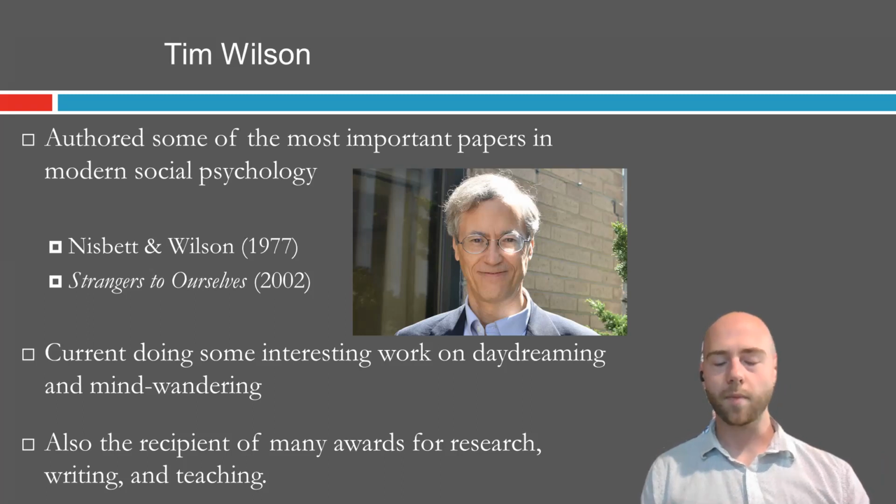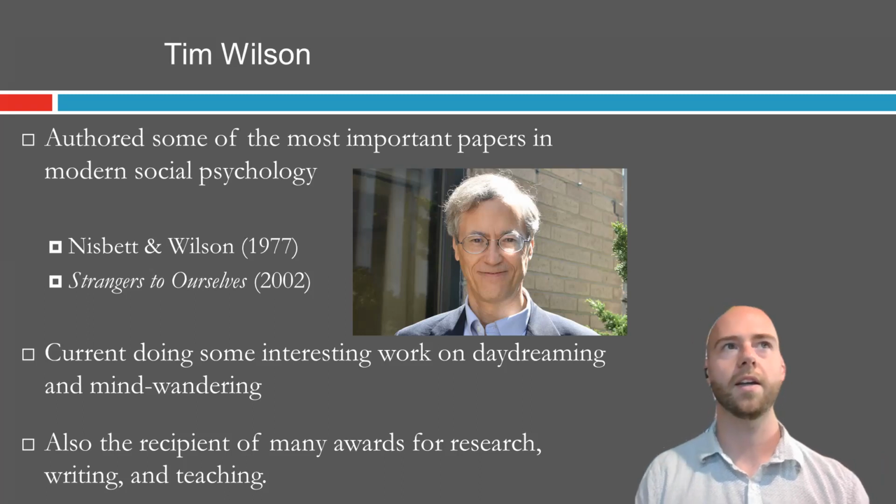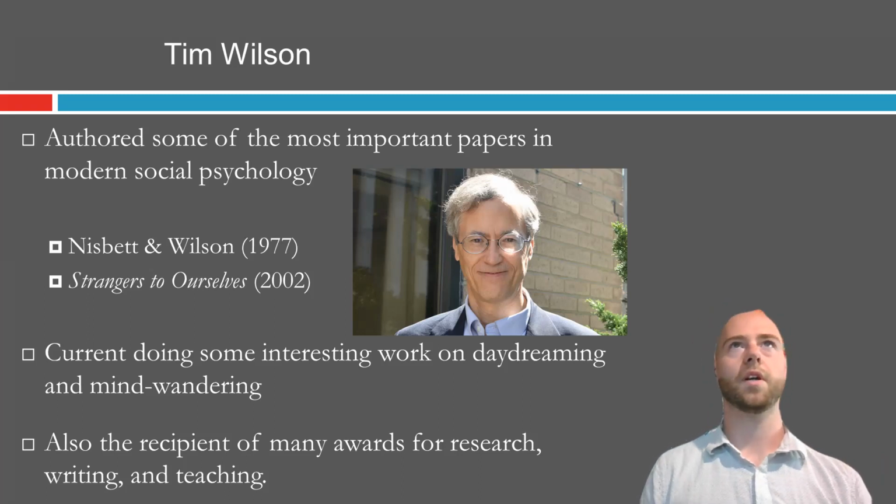So I'll get more into that in the next unit, but just to say that Tim Wilson has been one of the people on the side of that debate that says, you know what, actually there's not really a problem in social psychology. And I want to try to plant the seeds and make it clear that there is a problem.